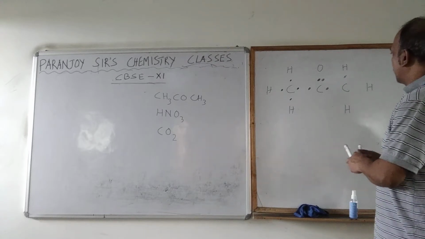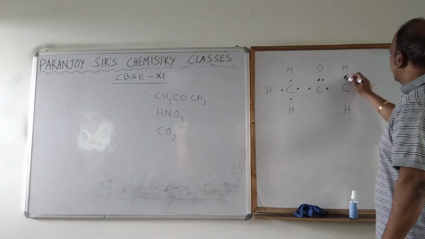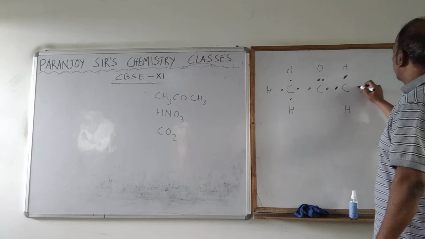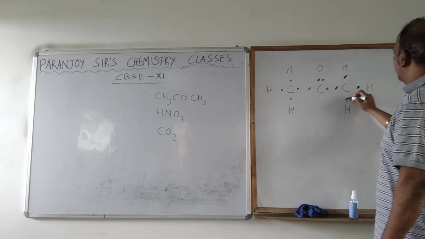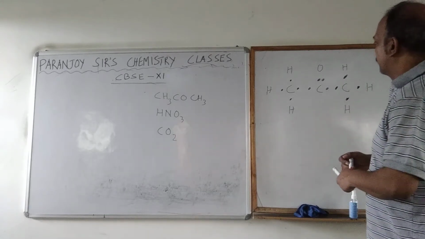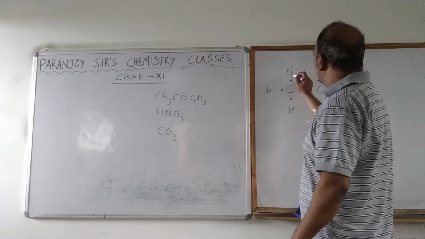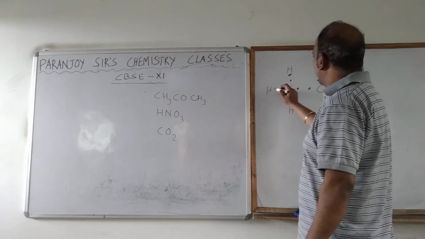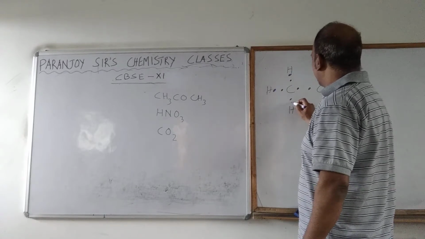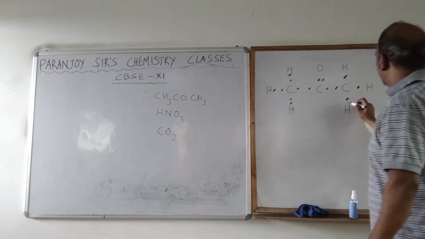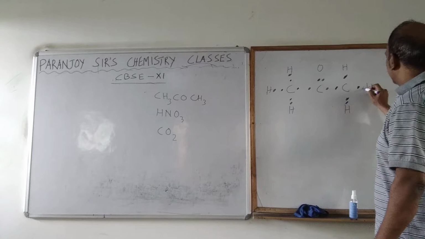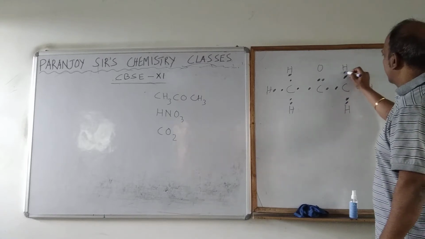Again I am using another color, 1, 2, 3 and 4. Now each hydrogen has 1 valence electron.